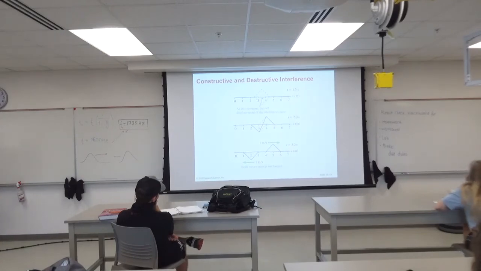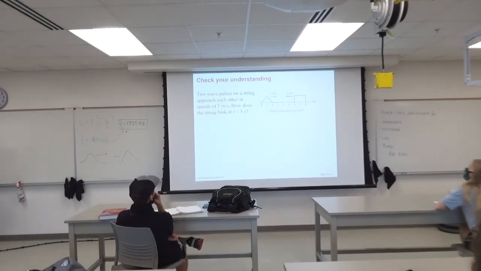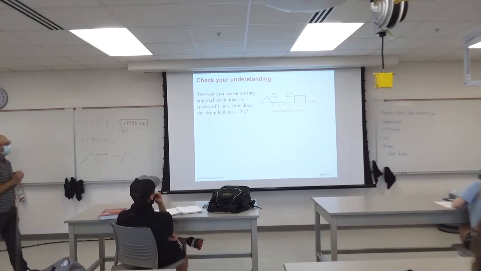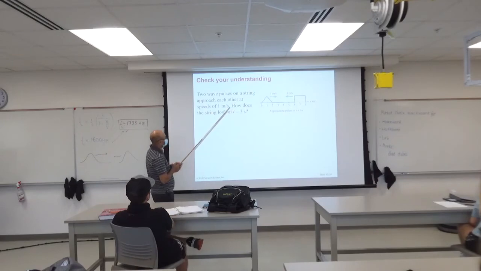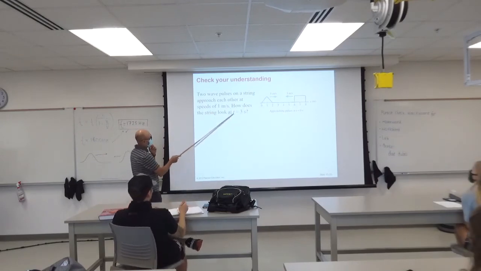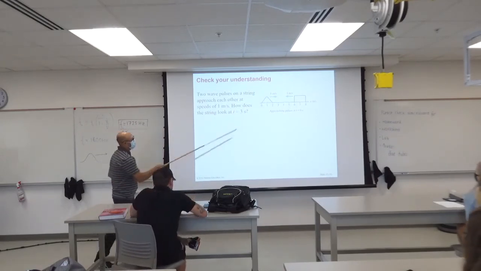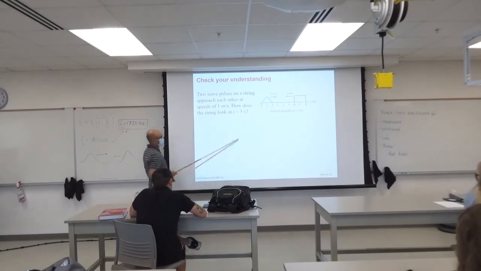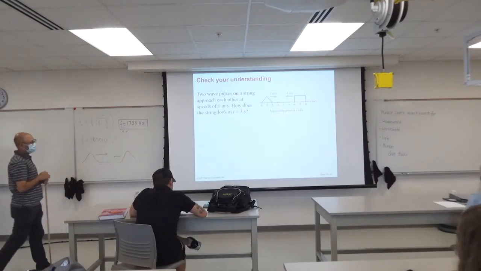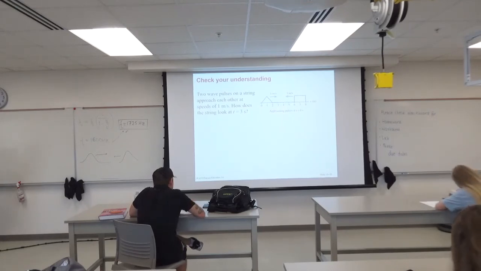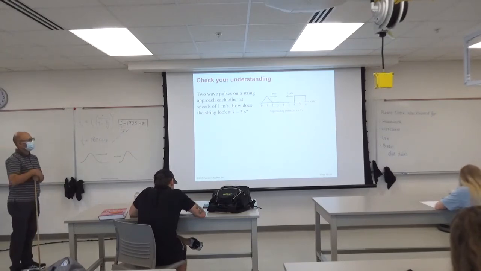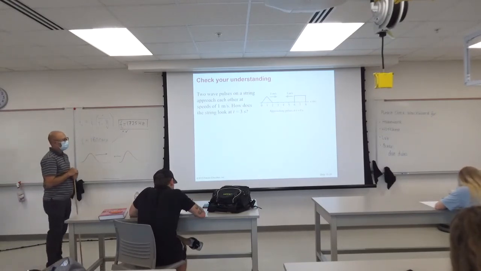So let's look at this. On your notebooks, I want you to draw the resultant wave at time equal to 3 seconds. So this one is moving to the right, this one is moving to the left. So first think about where they would be after 3 seconds, and then think about the overlapping, and think about the resultant wave.